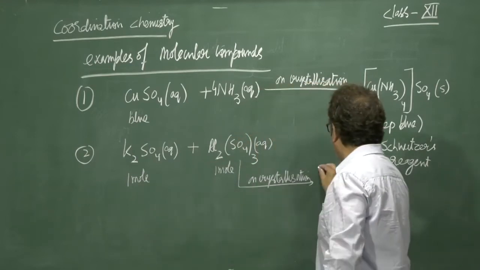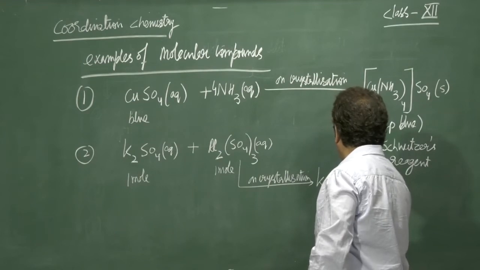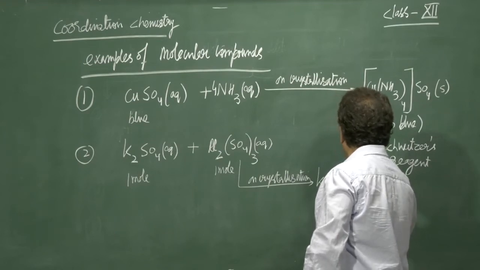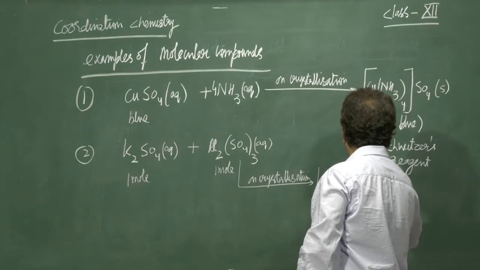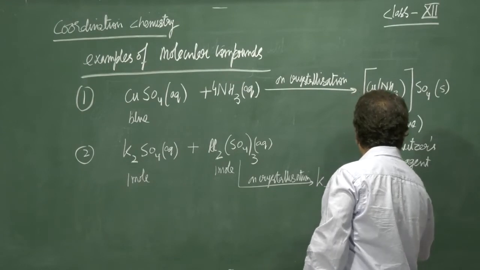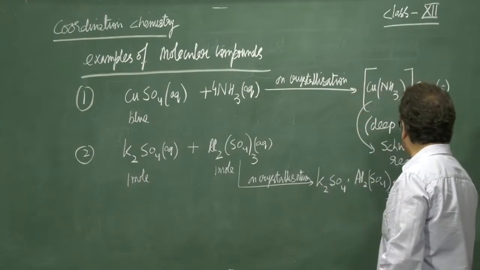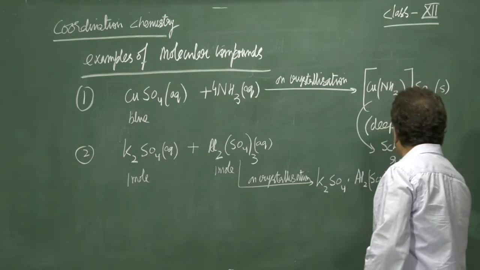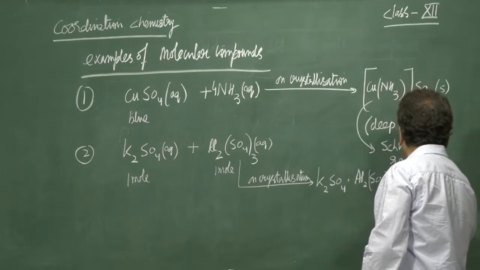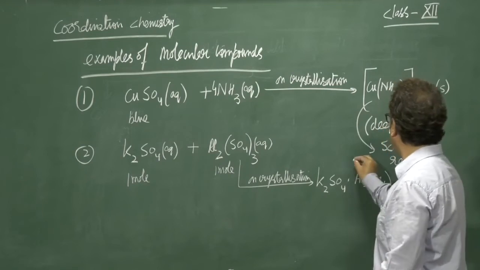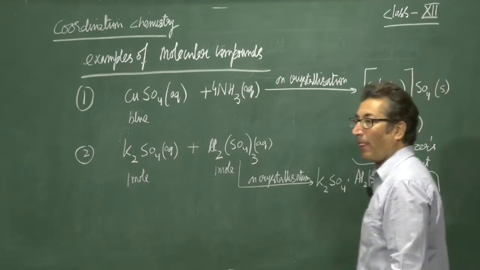What you get is a compound K2SO4, Al2(SO4)3, with 24 molecules of water of crystallization. This is another example of an addition compound.